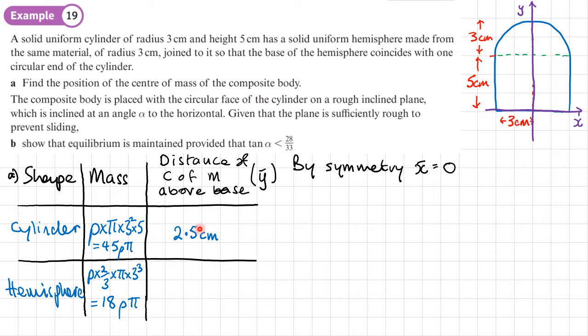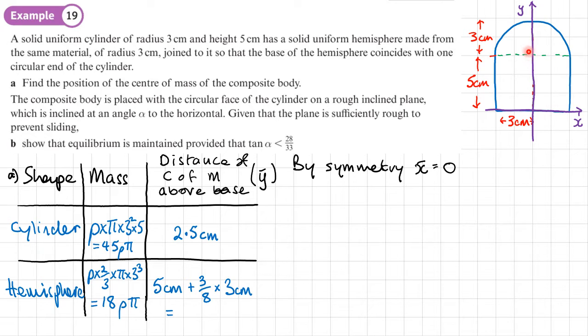Now we go on to the center of mass of each part. For the cylinder, the center of mass is at its center. That's going to be halfway up the cylinder, at a distance of 2.5 from the base. So its y coordinate is 2.5. And then for the hemisphere, the center of mass, and this is in the formula book, is 3/8 of its radius from the bottom.